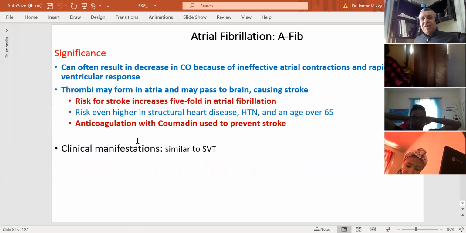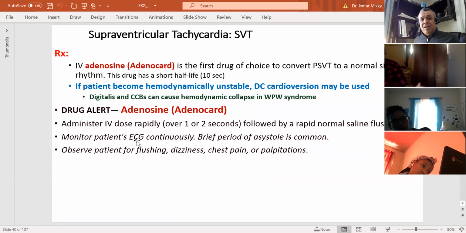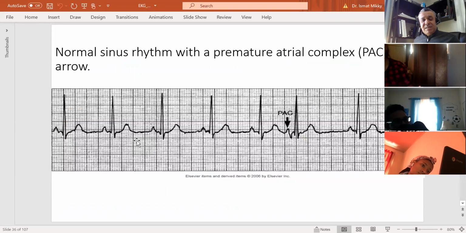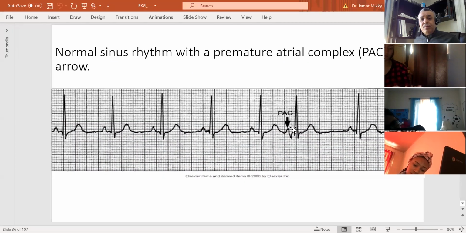And with the PAC, it's the same thing: there is a compensatory pause. See here, after this PAC, there is a longer period than the previous one, because the normal one is supposed to be 1, 2, 3, 4 large boxes.